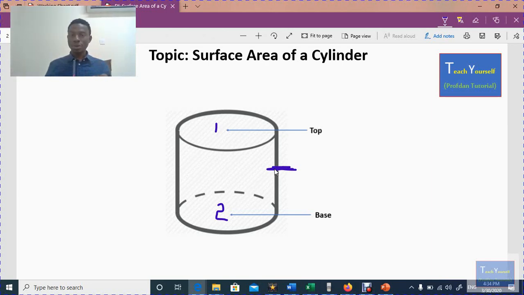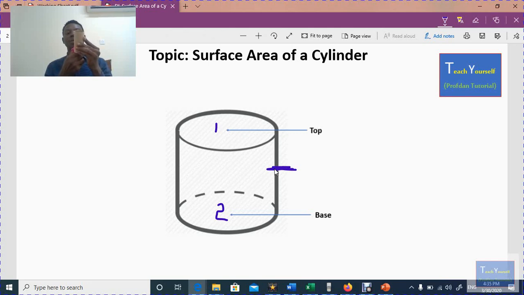Now this is preamble to how to find the surface area of a cylinder, because for you to find the surface area of this cylinder, you have to find the area of all the surfaces in this cylinder. So there are three surfaces here: the top circular, the bottom circular, and the curved part, which is rectangular. We shall see that in a couple of seconds. Look at this.